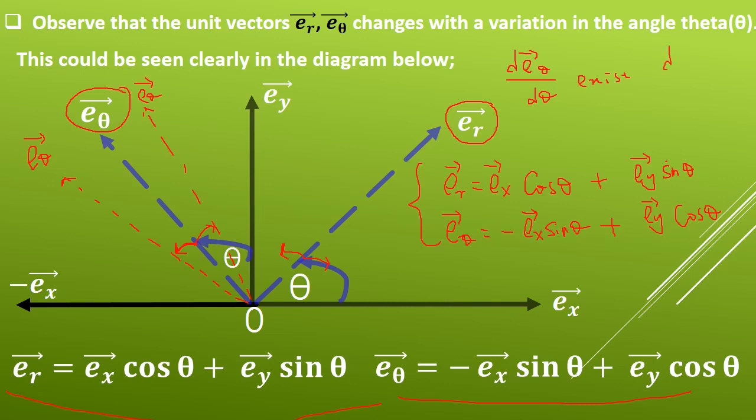Also, the differential of ER with respect to theta exists. That is what it means for ER to also vary as theta varies. These are very important expressions, as we are going to see in our calculations.